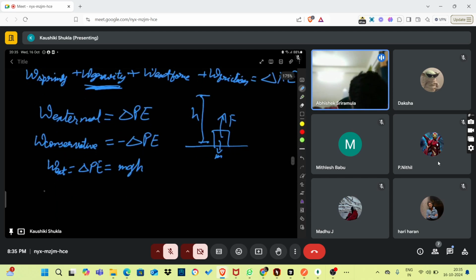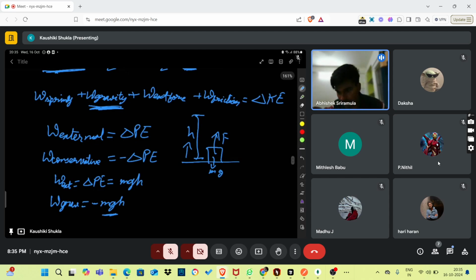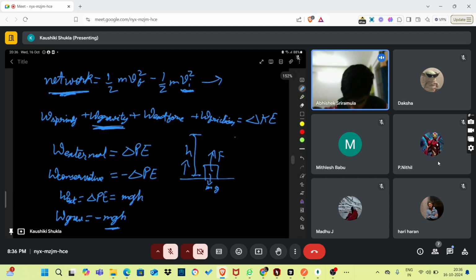But if I ask you the work done by gravity, which is a conservative force, it will be the negative of this, because mg is acting downward and the displacement is upward. So that's why the negative sign is important. So gravitational potential energy, spring energy, external force, work done by friction, all these come under the net work done, and then they all equal the change in kinetic energy of the system.